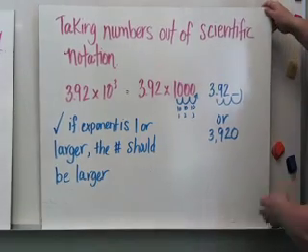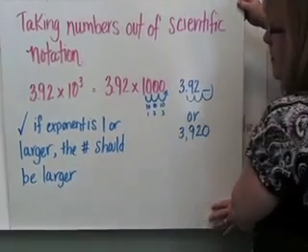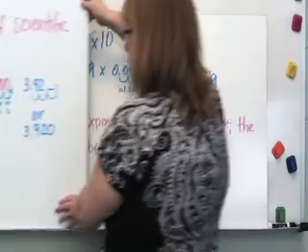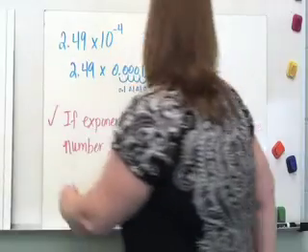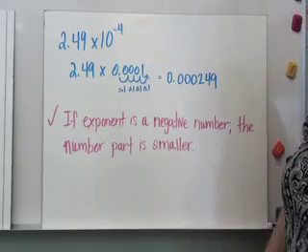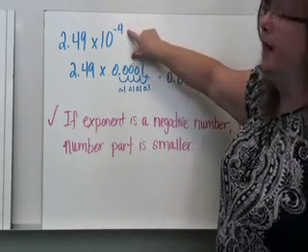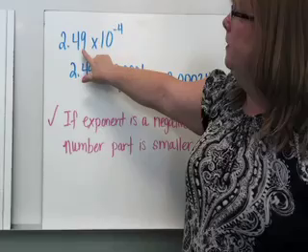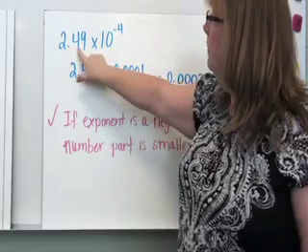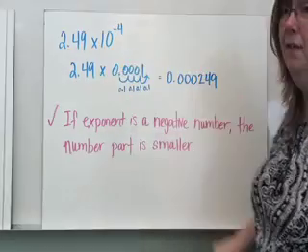All right, and one final slide here is going to be taking a number where our exponent is a negative number. So scientific notation, 1 digit, decimal, 10 to the negative 4th.